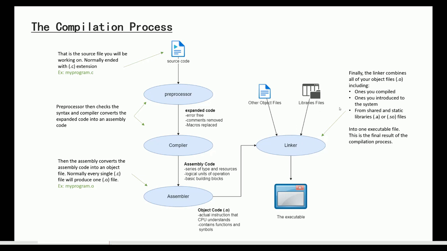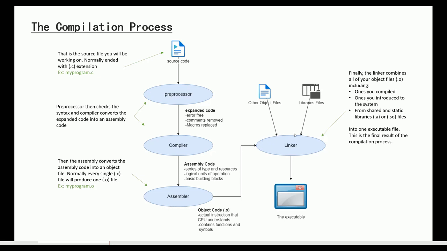And mostly for third-party libraries, they're normally provided as a static library, .a, or a shared library, .so file, on Linux. And I think on Windows it's called a DLL file, a dynamically linked library. On Linux it's called a shared object, so a shared library basically.